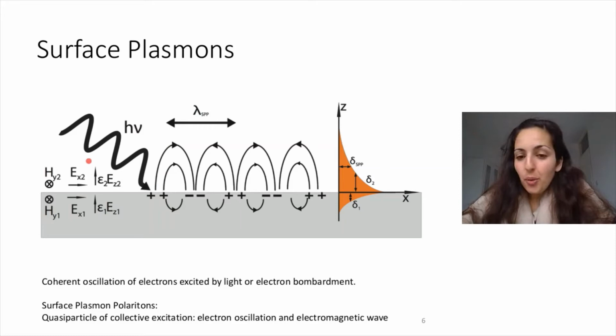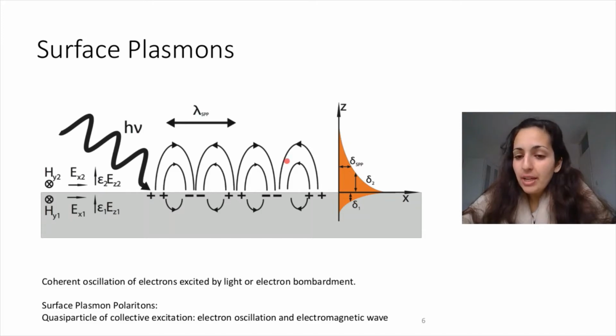This wave can propagate along the surface. The other interesting feature about this wave is that the field decreases exponentially both into the metal, as you can see here, as well as into the vacuum.